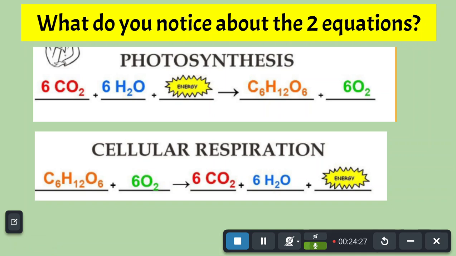We have one chemical equation for the photosynthesis process: 6 carbon dioxides plus 6 waters and energy produces 1 glucose molecule and 6 oxygen molecules. If you notice, cellular respiration has 1 glucose molecule and 6 oxygen molecules that produce 6 carbon dioxide molecules and 6 water molecules and some energy.